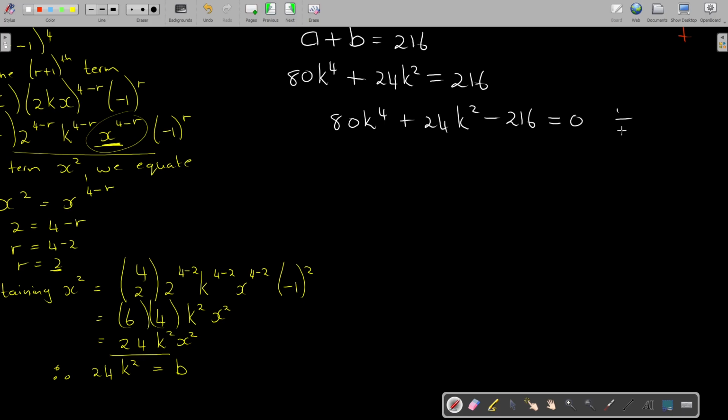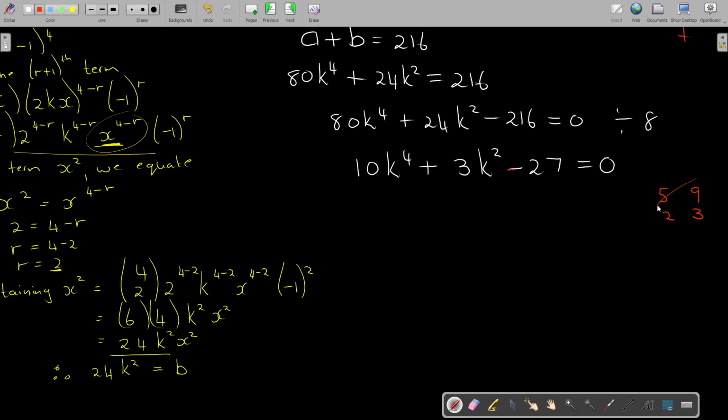Okay, you can divide by 2, or by 4, but at the end, if you divide by 8, you're going to get 10k to the power 4 plus 3k² minus 27, and that's equal to 0. And now I factorize, and I get 9 times 3, and I get 5 times 2. So this is 15, and this is 18, and if I subtract, I get 3.